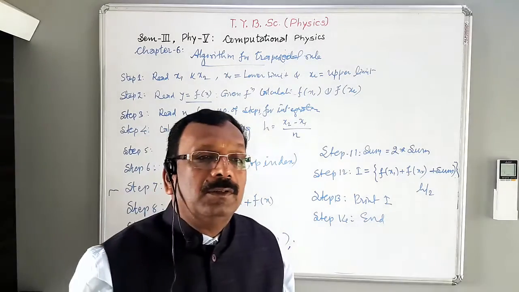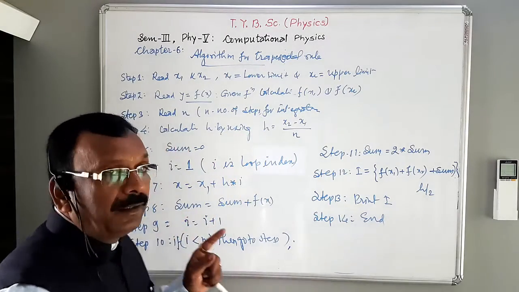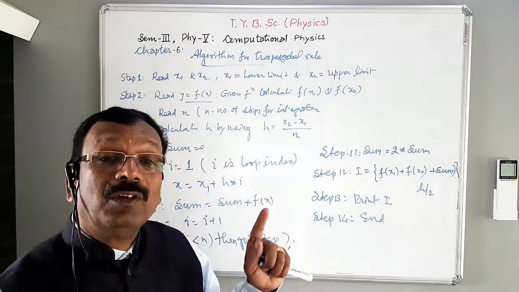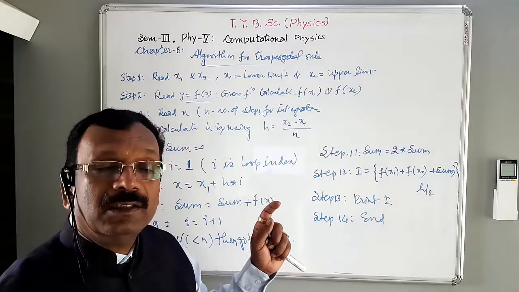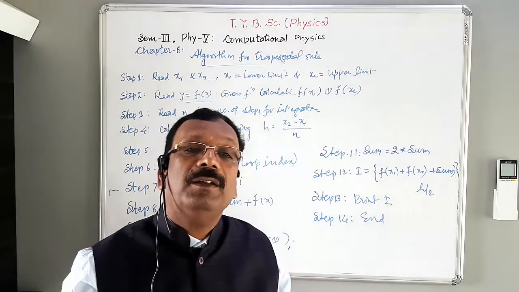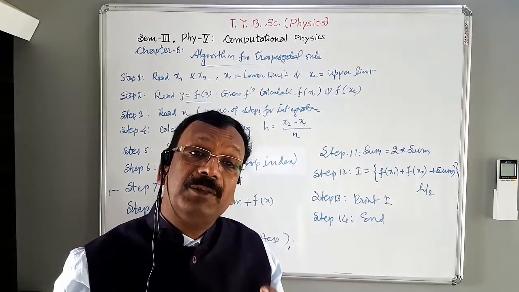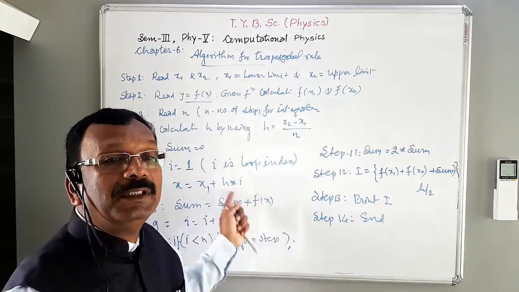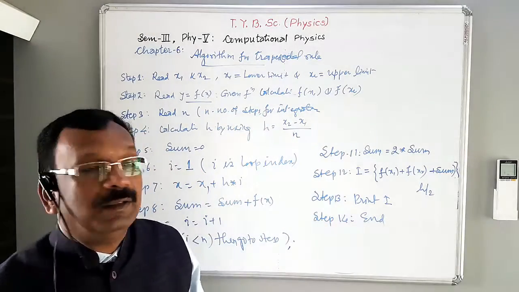Now we are going to develop the flowchart for the trapezoidal rule, and a flowchart is nothing but the pictorial or graphical representation of this algorithm.